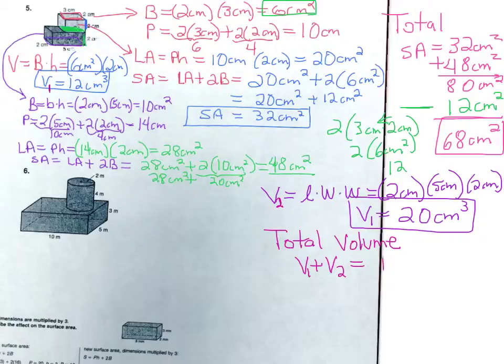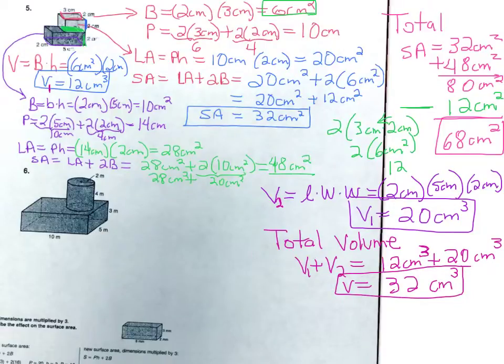So that is 12 cubic centimeters added to 20 cubic centimeters. When you add those two, that is 32 cubic centimeters. So that is the total volume of that composite figure. Okay?